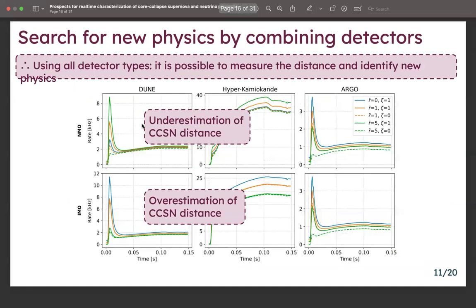Summarizing, mostly with Hyper-K, if we did not consider the possibility of new physics and there were new physics, we could have in the NMO an underestimation of the CCSN distance due to larger rates than expected, and in the inverted mass ordering the other way around. And with the example, I hope I already convinced you that using all detector types at the same time, or suitably, it is possible to measure the distance and identify new physics at the same time.